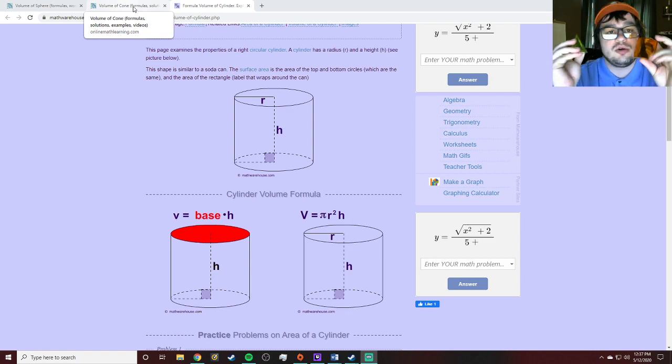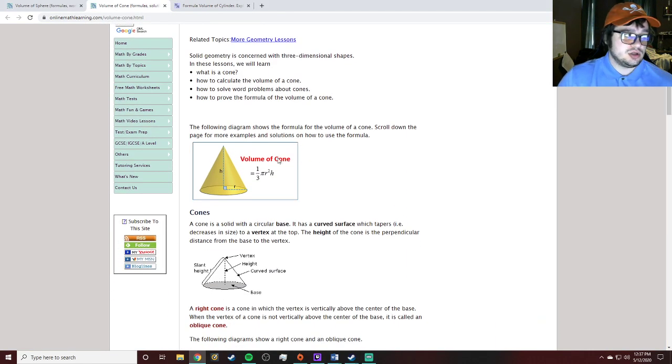The volume of this cone is 1/3 the volume of the cylinder, which we have the volume of a cone right here is 1/3 times pi times r squared times height. So when we deal with cones, we are also multiplying by 1/3. So we need to know the radius and the height of a cone. So that's what we have to find.